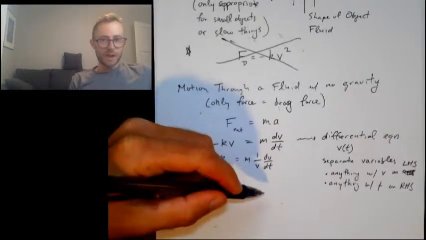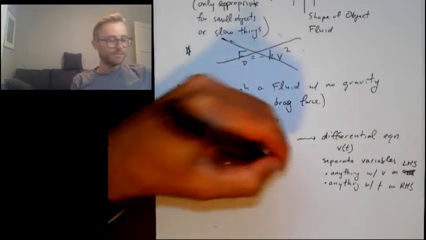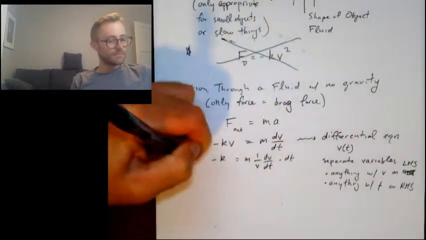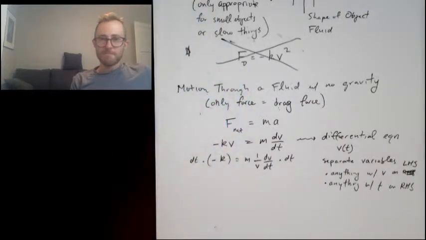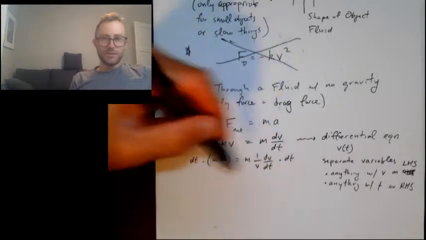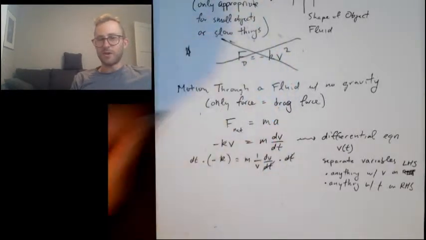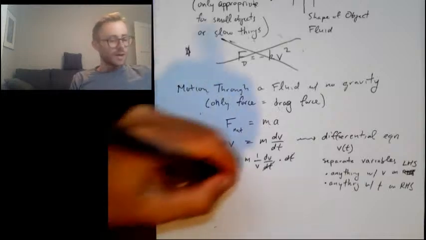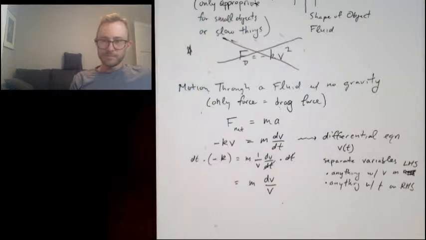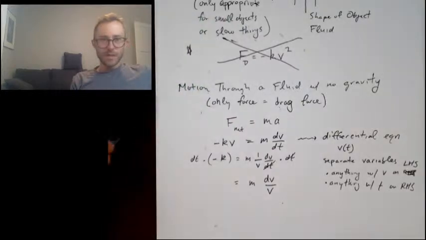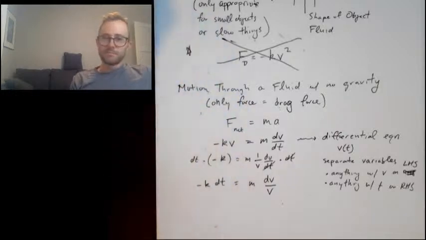But I need to put time on the other side, so I'm going to multiply both sides by dt. Because I multiplied the right-hand side by dt, the dt's will cancel out here. So I have m dv over v, and I have minus k dt.